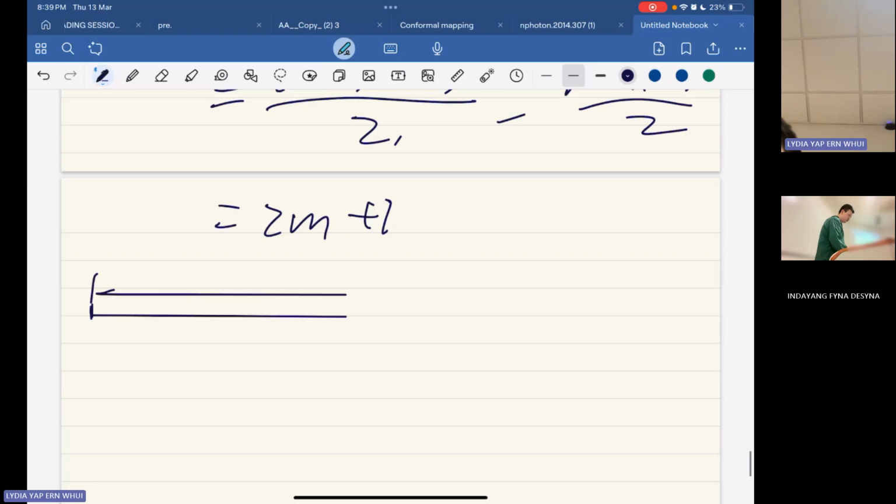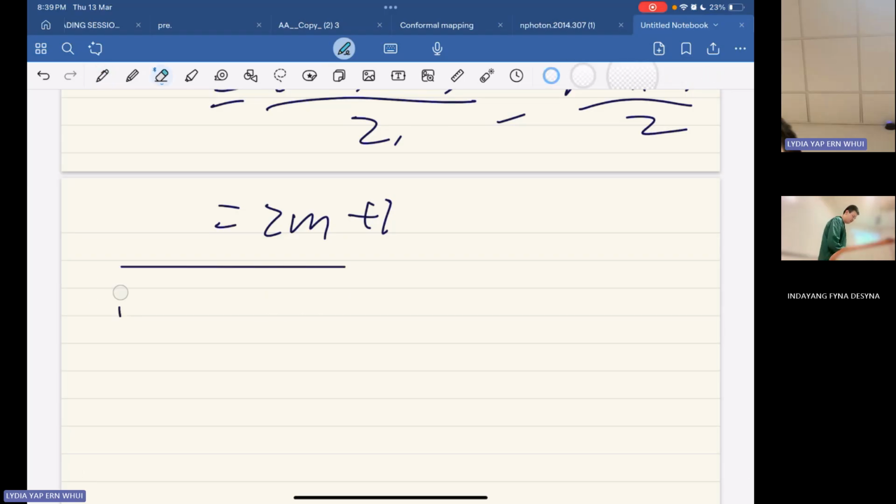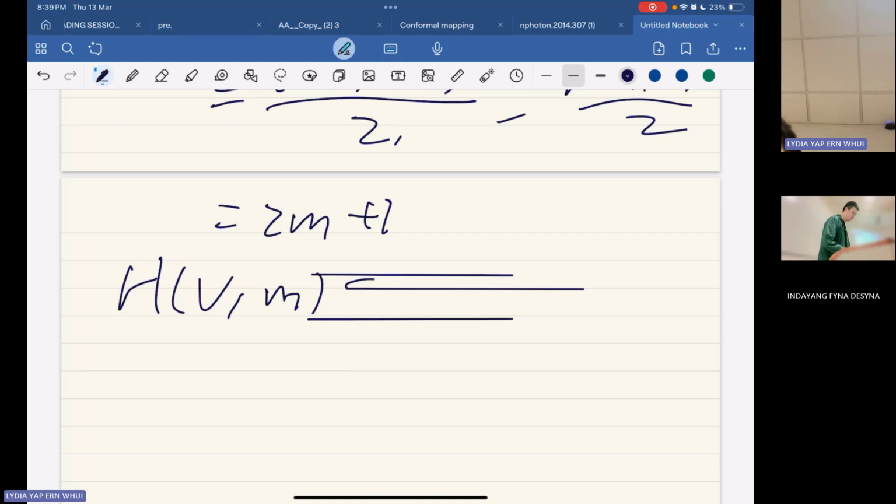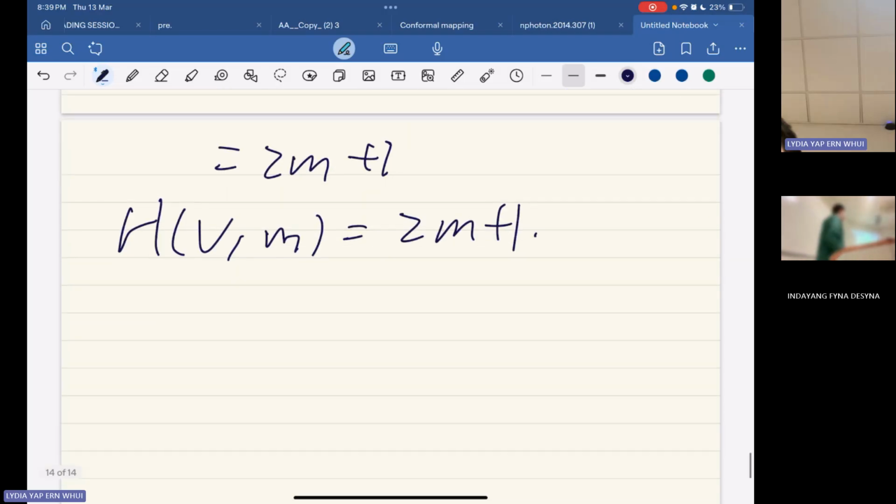So we can conclude that HX(m) is equal to 2m plus 1. And we see that this is a polynomial in m with degree 1. If you check, this is just the degree of this ideal.